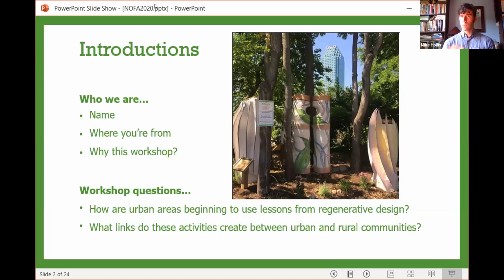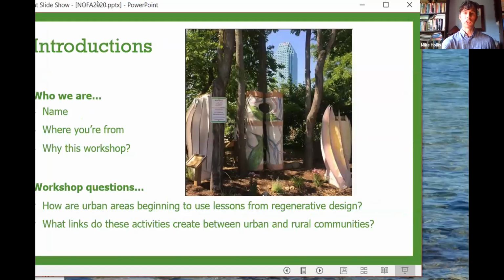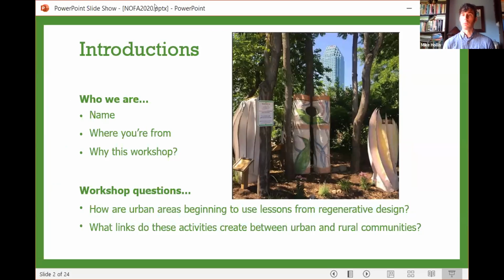Introductions, as I mentioned, we won't jump into quite yet, in the interest of time, but let's take a look at the workshop questions that we'll be addressing. Two big ones are how urban areas can begin to use lessons for regenerative design.